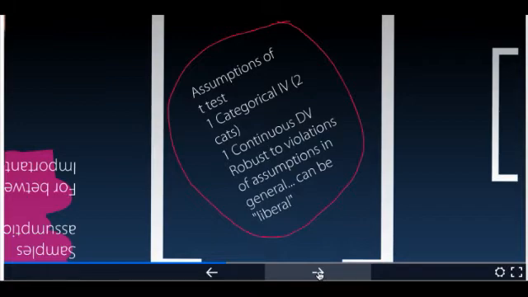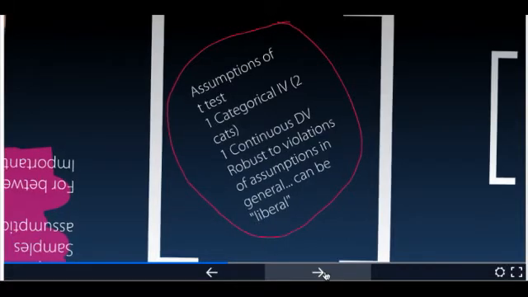The other is that you have one continuous dependent variable. So you're working on a continuum there. In general, the t-test is fairly robust to violations of assumptions and can be a little bit liberal on most of them. And I'll tell you which ones you can't be. But this is just an assumption of how it's set up. If you run data that's not like this, you're running the wrong analysis on the data.